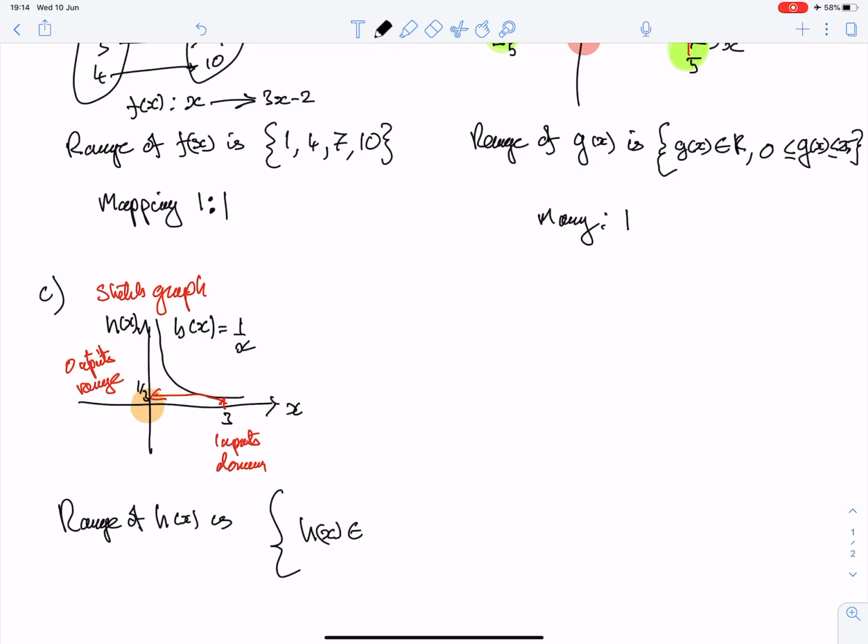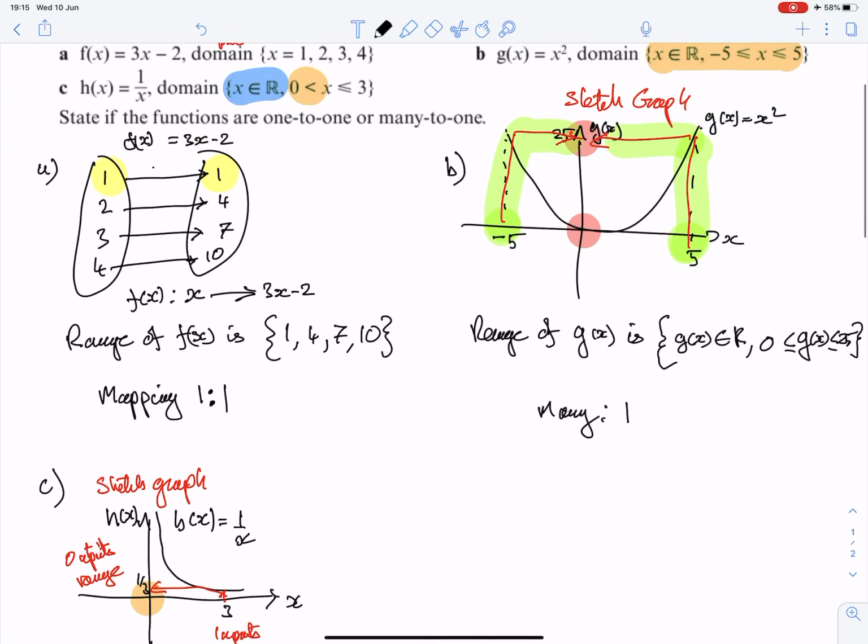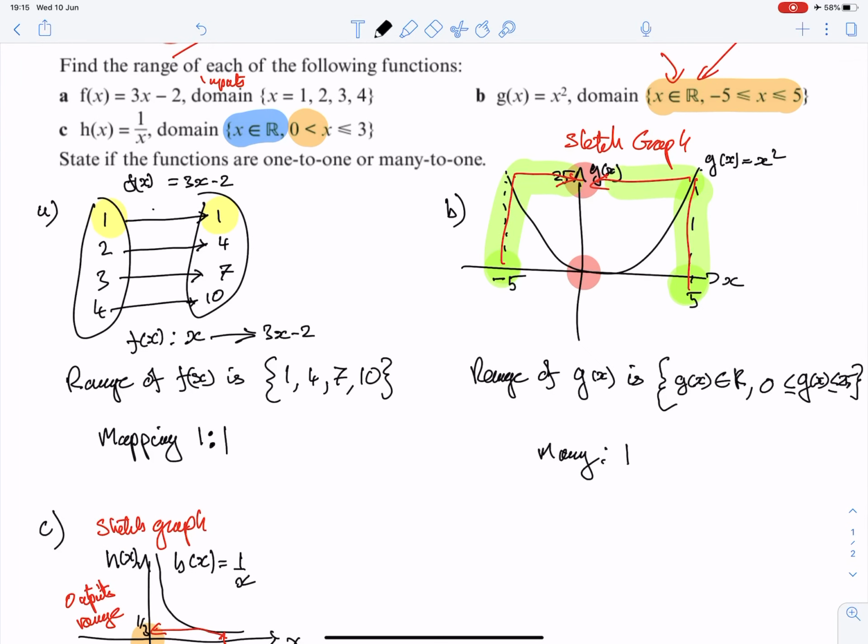So it's going to be a member of the set of reals. And h(x), what's the lowest value, is greater than a third or equal to, because we were allowed 3 in.